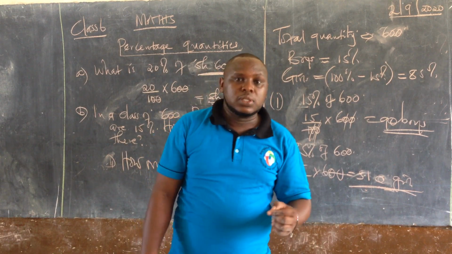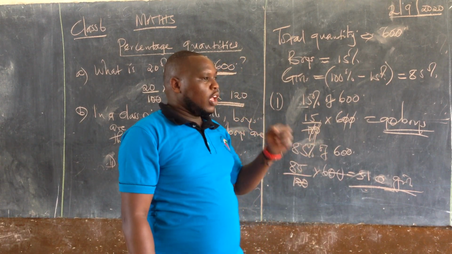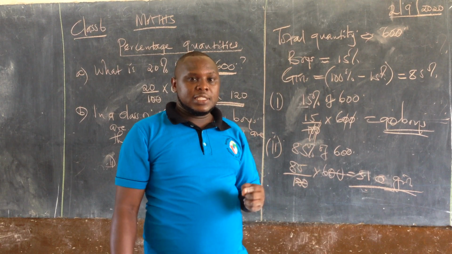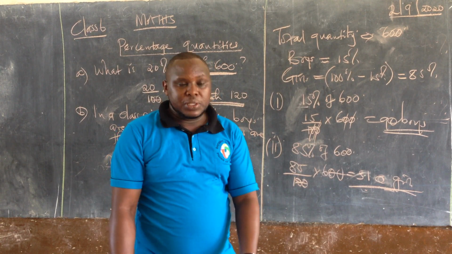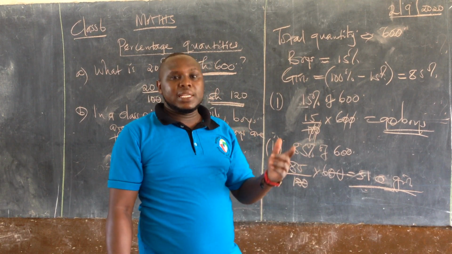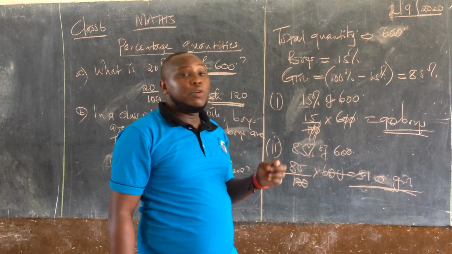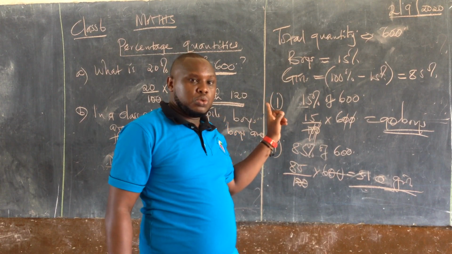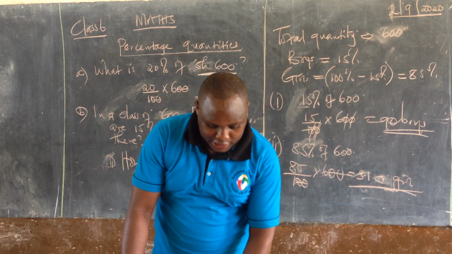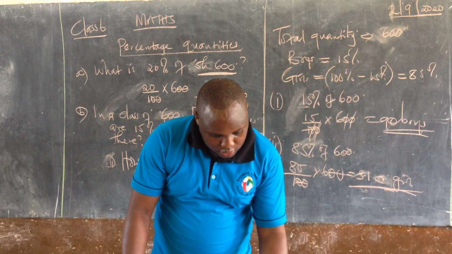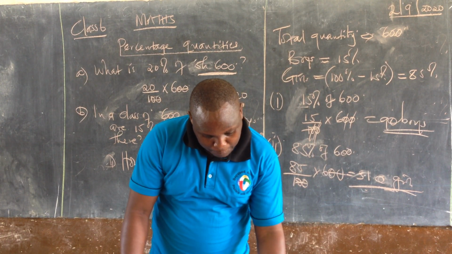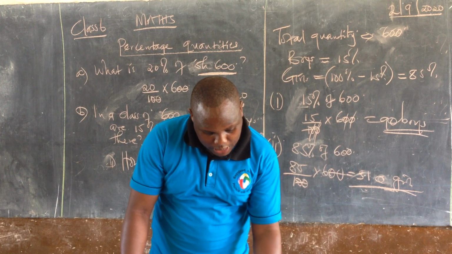So these are kind of the questions that come in an exam. You will be able to meet them in an exam. Not as simple as they are put in the book, but sometimes they complicate them so that they can see you failing. But now because you know how to do them, I'm sure you're going to get them right. Let's work out another question. There is a question here.